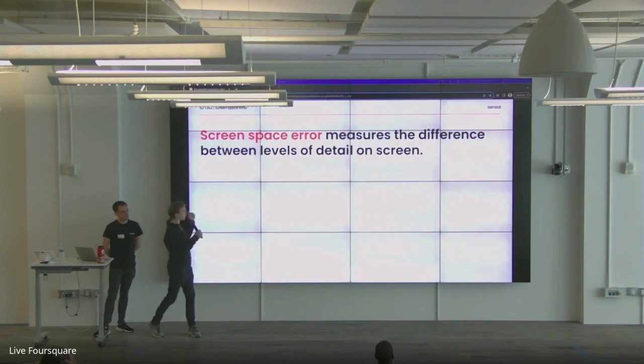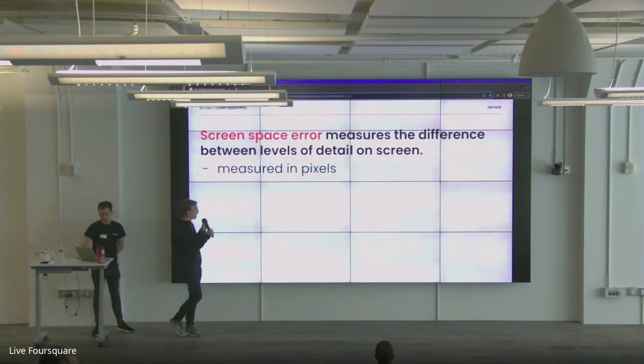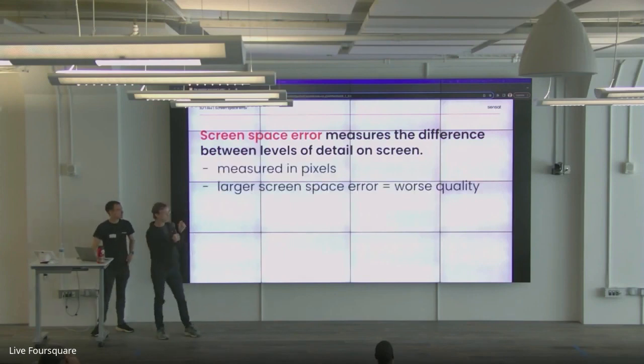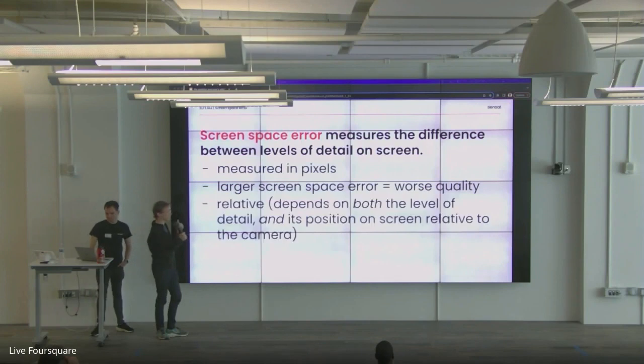So screen space error is measured in pixels. Larger is worse: more screen space error means it looks worse. And very importantly, it's a relative quantity. It depends not just on what you're rendering, but on where that thing is on screen.